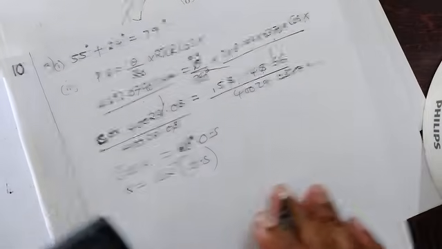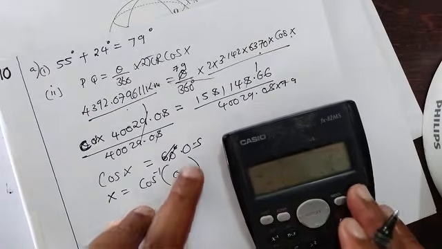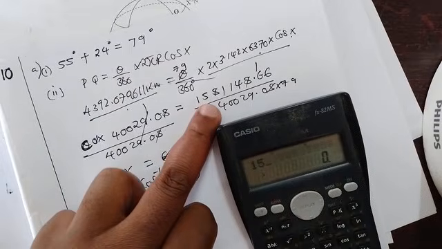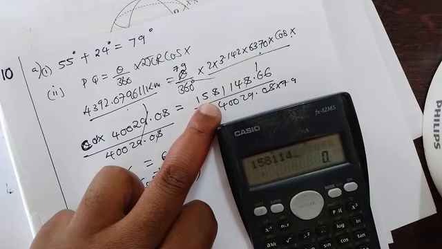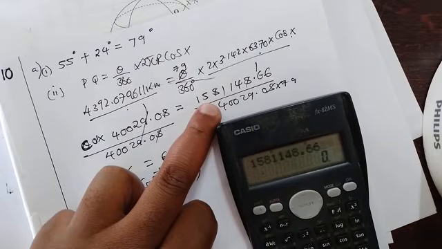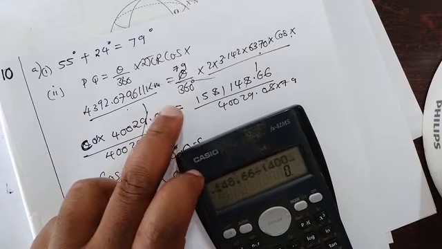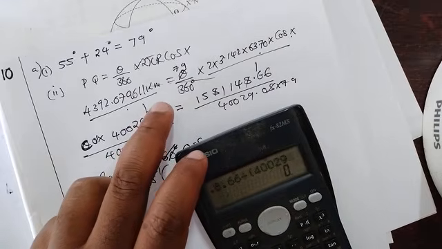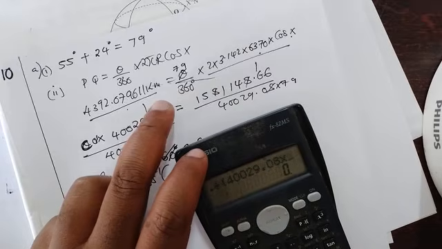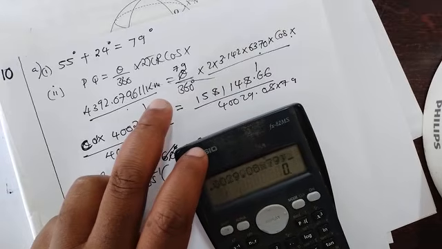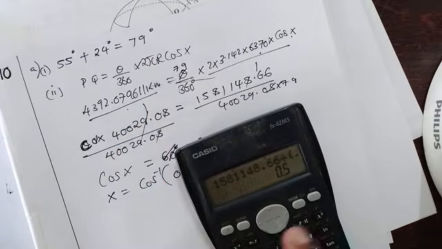So what we are saying is that when you punch in 4392.08 divided by 40029.08 by 79, what do we get? This is what we are going to get. Shift cos.